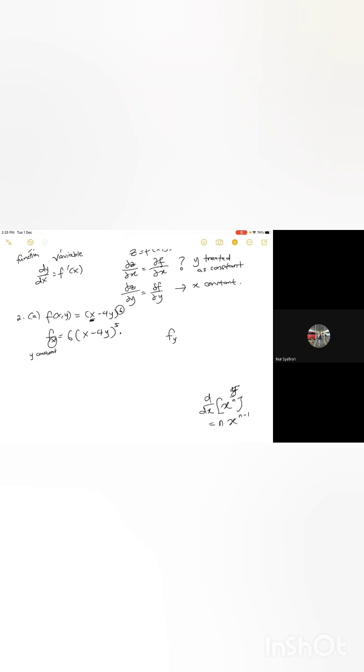Then you differentiate the x minus 4y with respect to x only. So differentiate x will be 1, differentiate 4y will be 0. Why? Because the 4y is constant. Remember here, the y is constant. So then you will have 6 (x minus 4y) to the power of 5.